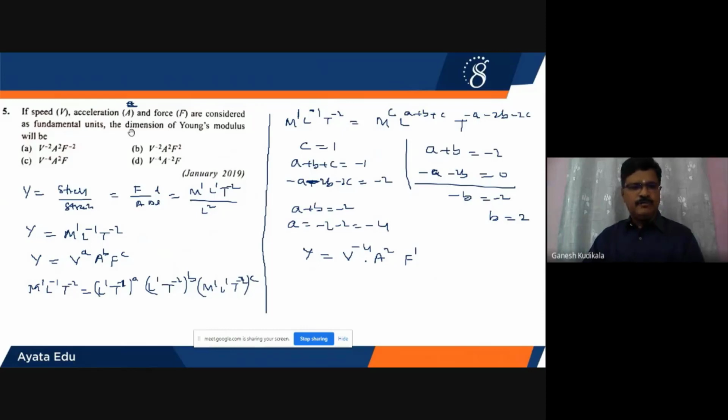So v to the power of minus 4, a to the power of 2, and F to the power of 1. Therefore, this is your C option. This is actually minus 4, this is plus 2. Therefore, we can give C option.